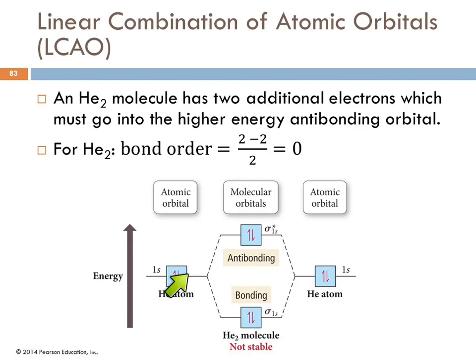When we combine these 2 1s orbitals, we get a bonding orbital and an anti-bonding orbital. Now there are 4 electrons, and we put 2 in here and 2 in there. And then to calculate the bond order, we take the number of electrons in bonding orbitals, we subtract the number of electrons in anti-bonding orbitals, and we divide by 2. So we have 2 bonding minus 2 anti-bonding is 0, divided by 2 is still 0. This is not predicted to happen, and it doesn't.